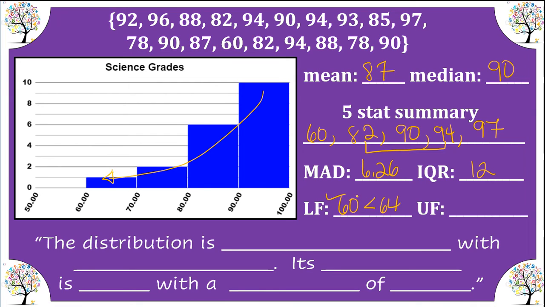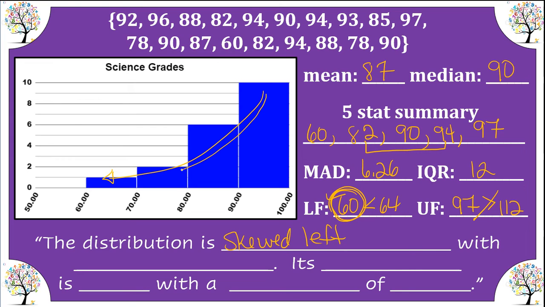When I checked for the lower fence, the statement I got was 60 is less than 64, and that is true. So 60 is an outlier. When I tested the upper fence, 97 is greater than 112. That is false. So we do have an outlier of 60. The distribution is skewed left.